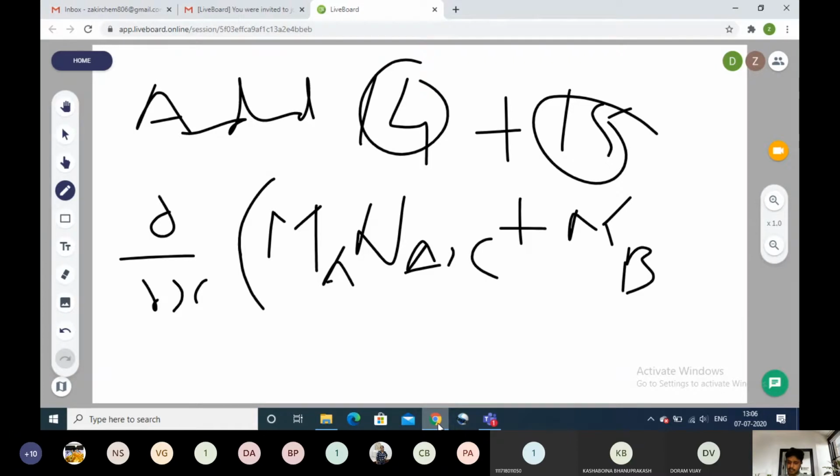Just adding equation 14 and 15. Okay, this is the first term, with respect to the x coordinate. Then the next one.